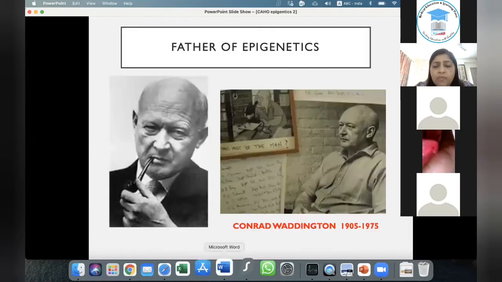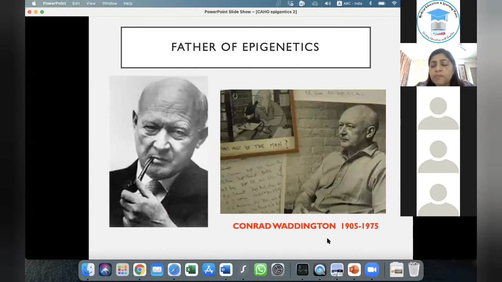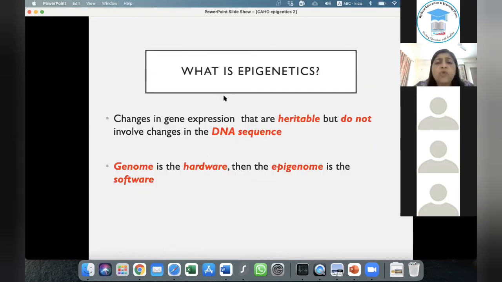Now the father of epigenetics was Conrad Waddington, and he was the first person to coin the term epigenetics. He's a famous biologist, paleontologist, anthropologist, a man of many skills. So what is epigenetics? It is the science which studies the changes in gene expression that are heritable, but do not involve changes in the DNA sequence.